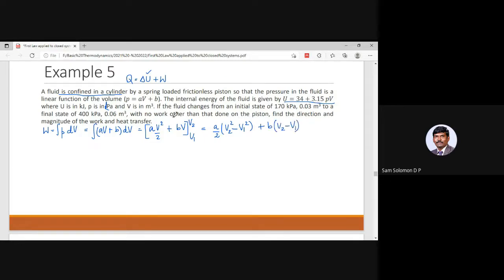Usually we start with the given details.